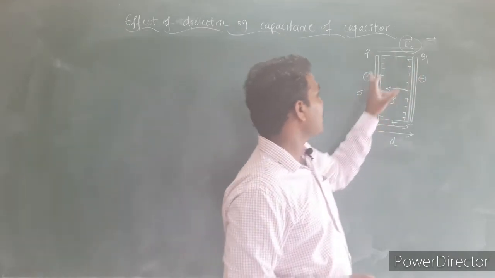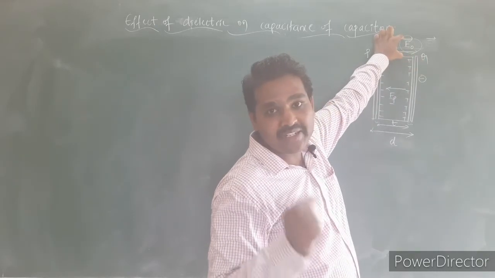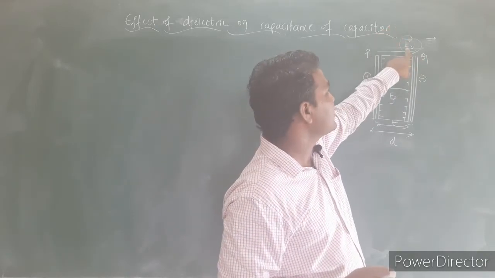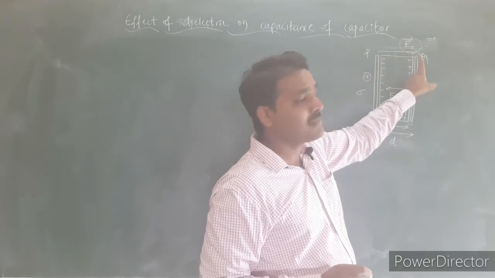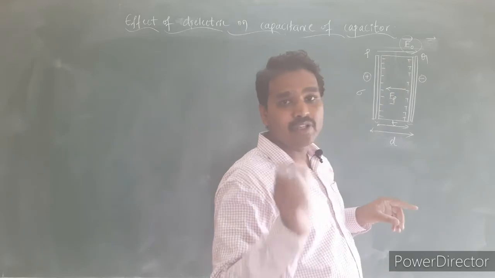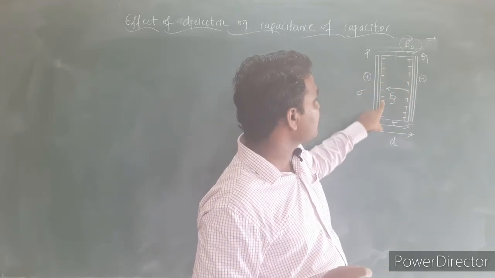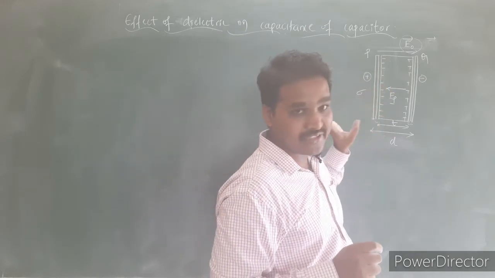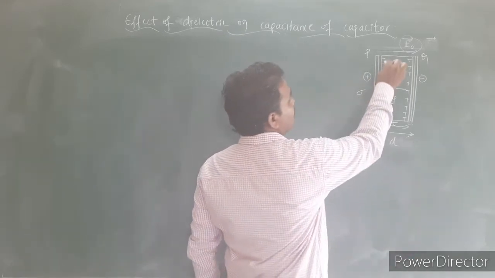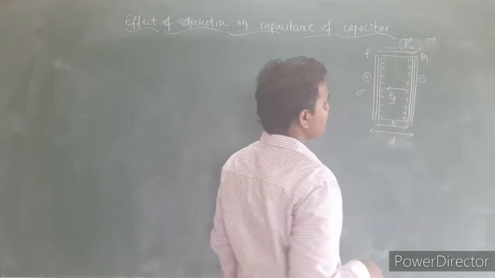Because of the charges on plates P and Q, we have some electric field intensity, E naught. Let E naught be the electric field intensity between the plates P and Q. And we know on the dielectric slab, opposite charges are induced on both surfaces. On the surface near the positive plate, we have negative charges induced.